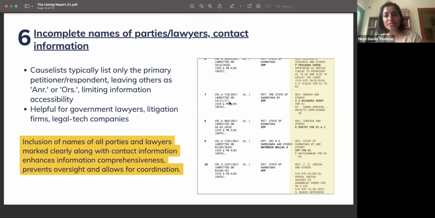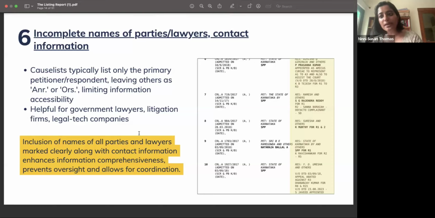And another problem is where in the cause list, usually what's happened, as you can see in the slide, is only the first petitioner or the first respondent is going to be marked, and it will always be "and others" or "and another." It would be helpful if in the cause list, all parties could be mentioned.